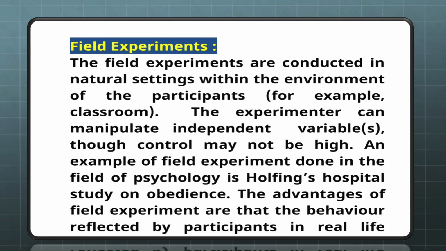Field experiments are conducted in a natural setting within the environment of the participant, for example, a classroom. As I told you, when we do experiments, they are done under controlled conditions. A lab facility should be there, but field experiments are done in the natural setting where the people are actually working.